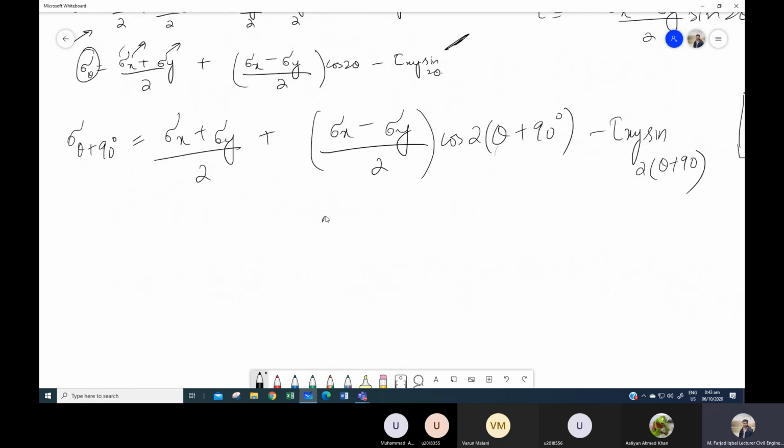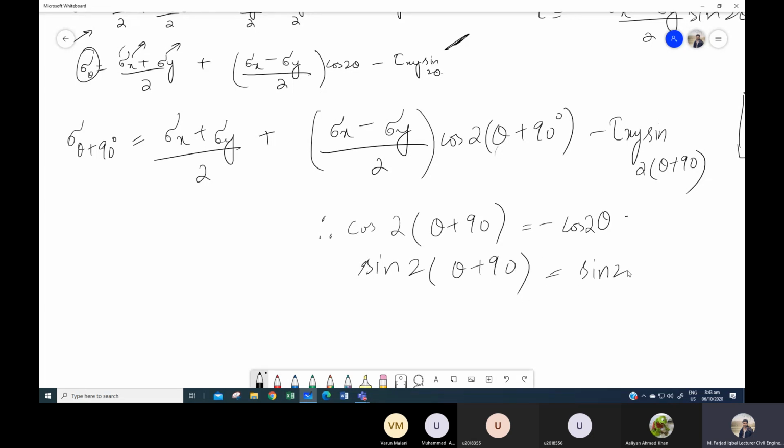Again, we know the identities that cos of 2 into theta plus 90 is equal to minus cos 2 theta, and sine of 2 into theta plus 90 is equal to minus sine of 2 theta.